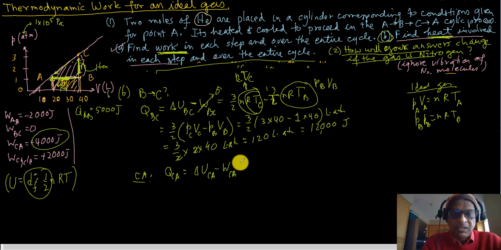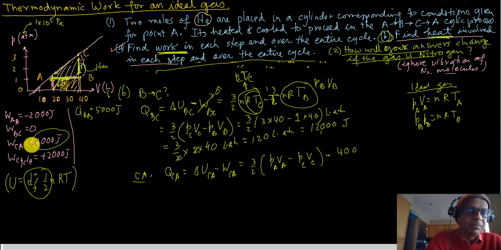So QCA, this is going to be 3/2 times PA VA minus PC VC, minus, and that's a 4,000. There was a plus here, so 4,000 joules.